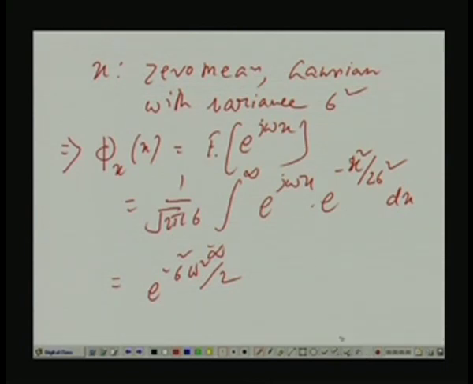But now suppose x is not zero mean, but it has a finite mean mu. Okay, then what happens? First let me erase this.